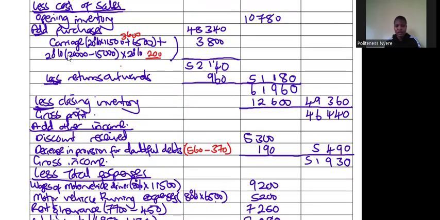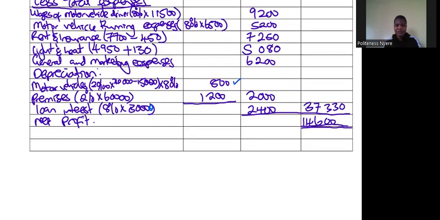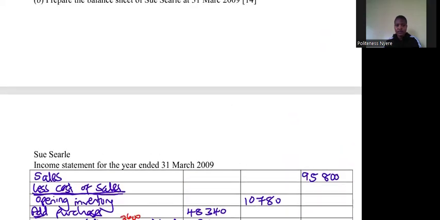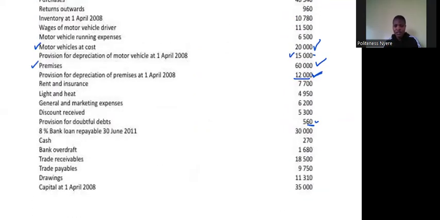Remember, in the income statement we divided it into two: the one charged under carriages, 200, plus the one that we charged here, 800, which gives us 1,000. So 15,000 plus 1,000 gives us 16,000.